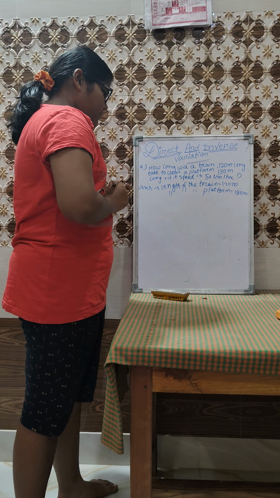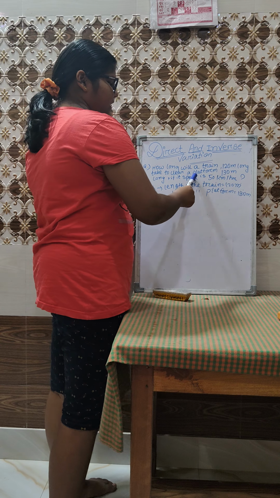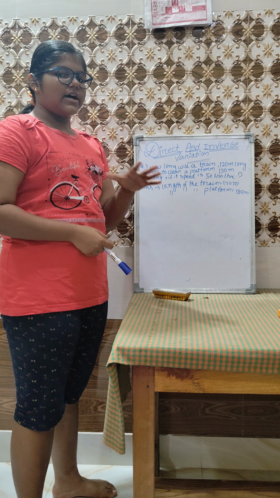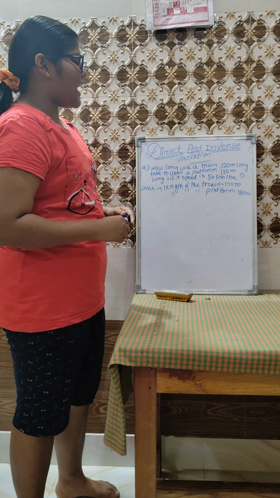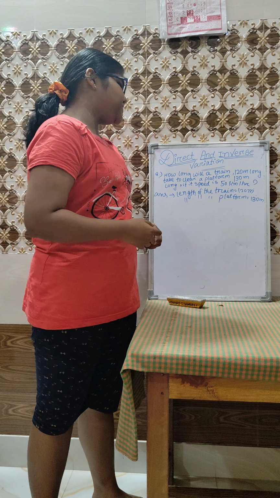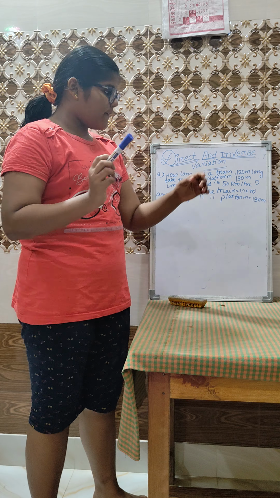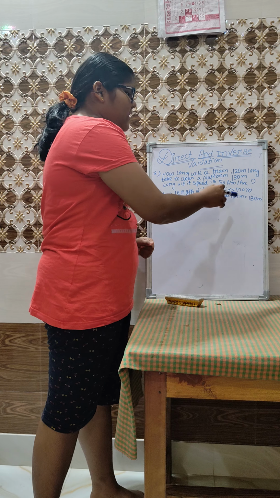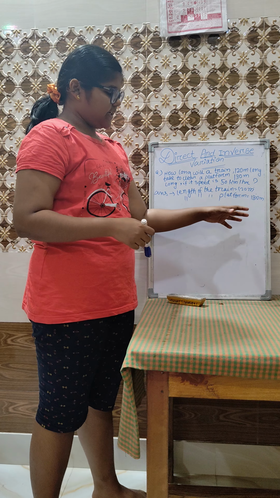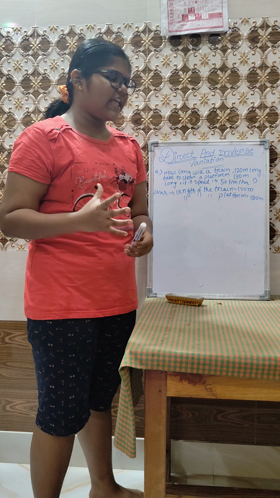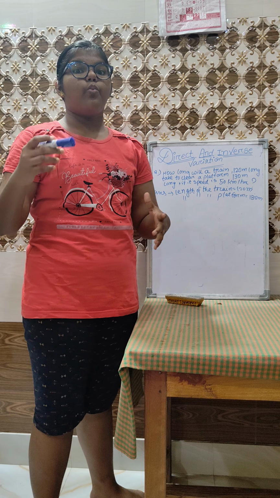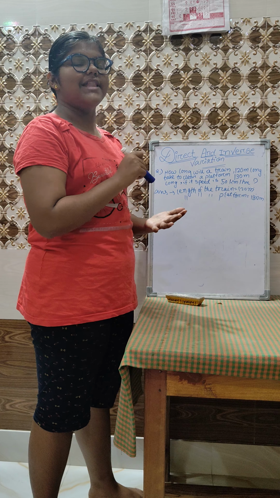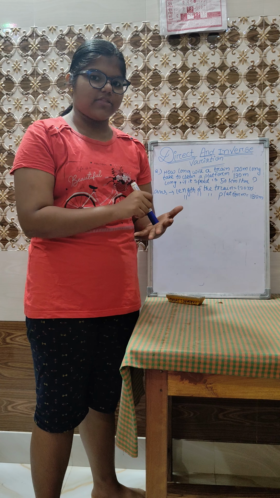Now moving on to the third sentence, if its speed is 50 kilometer per hour. Now another information we got is that speed of the train is 50 kilometer per hour. Before going to that, we got length of the train 120, length of the platform 130 meter. Then from this what can we think? We can think of the total distance, and total distance is equal to length of the train plus length of the platform.